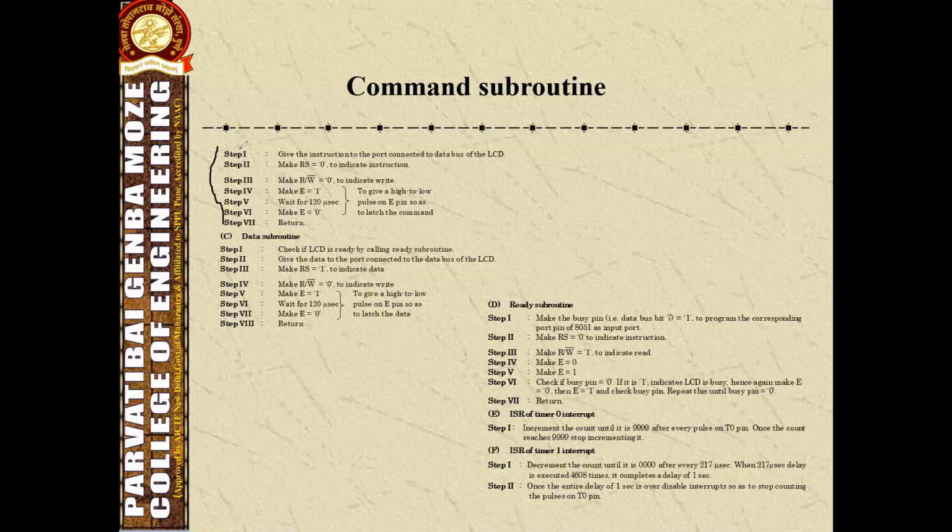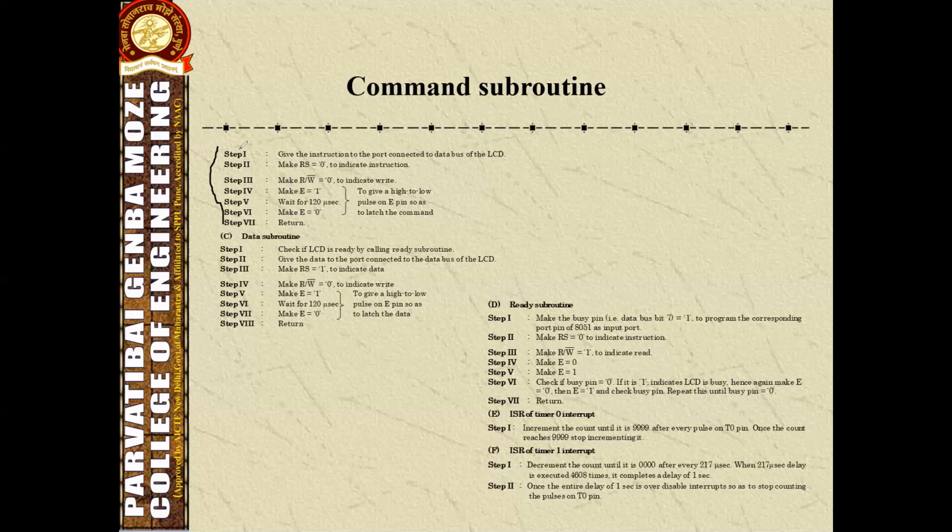So let's move to the ready subroutine. In the ready subroutine, first make the busy pin high. Whatever data pins of this LCD are connected to the port, we first have to provide high to program the corresponding port as an input port.